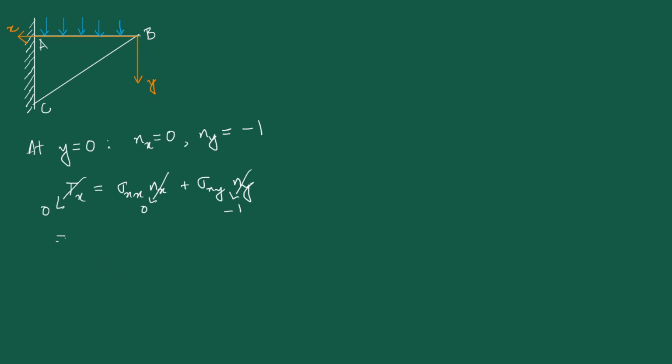So we actually have 0 equal to minus sigma xy, but we don't need to use that minus. Next, for the y component, we have Ty equal to sigma xy nx plus sigma yy ny. Again, nx is 0 and ny is -1.